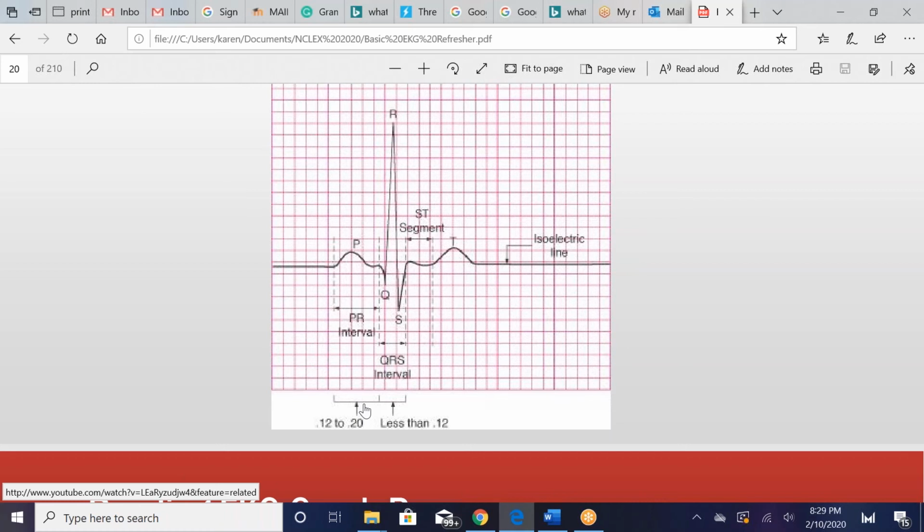And the Q through the ST segment should be less than 0.12. The reason this is important is that the larger it is, the more it tells you what kind of issue may be going on with the heart or with the patient. So if the P is wider than 0.12 to 0.20, then there is a problem. And so this is important.